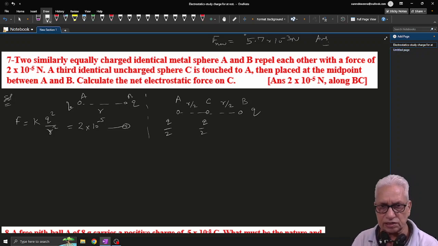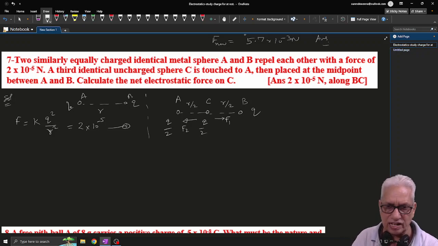Now in the question, the net electrostatic force on C. So C, because of positive charge, is repelled by A with force F1, and C, being positive and B positive also, is repelled with force F2. Charge on B is more than on A, so F2 is more.